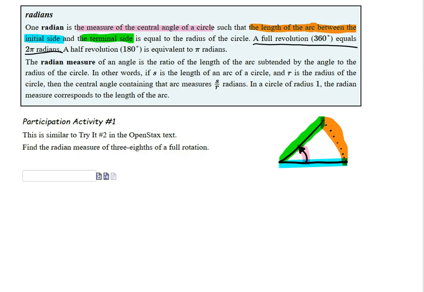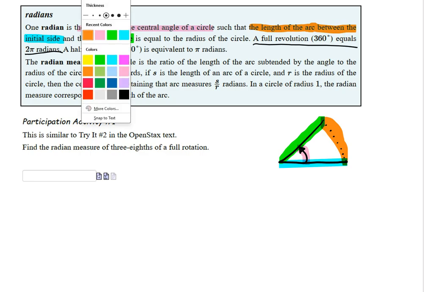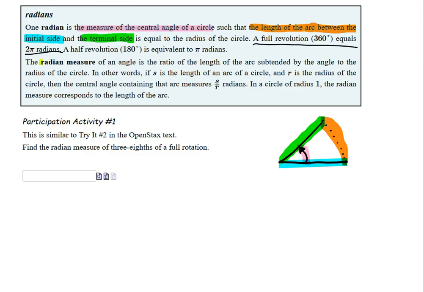Okay, the radian measure. Now we're talking about the measure. I go to yellow here. The radian measure of an angle, and again, we're talking about this angle here, which I did put in pink earlier, but we're going to measure in radians now, is the ratio, and a ratio is a comparison of two numbers, usually expressed as a fraction.